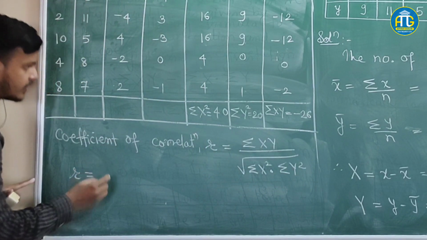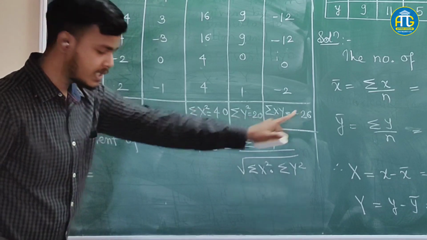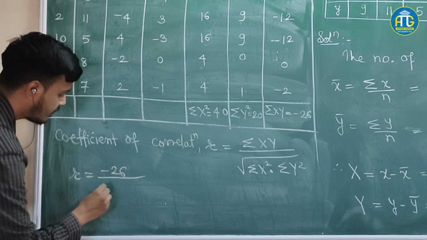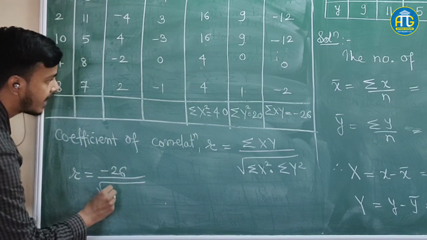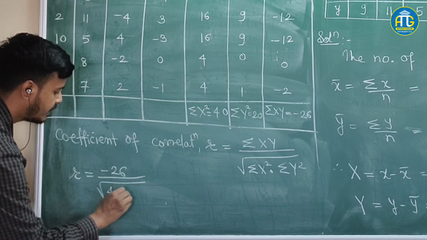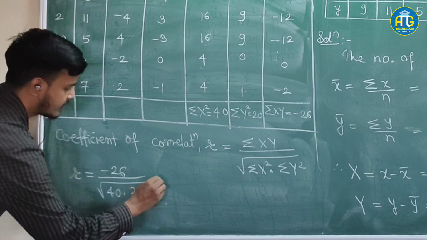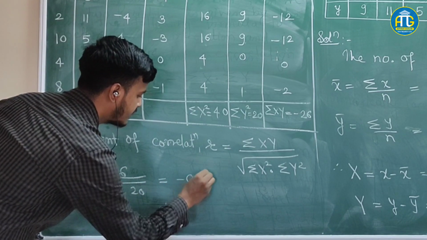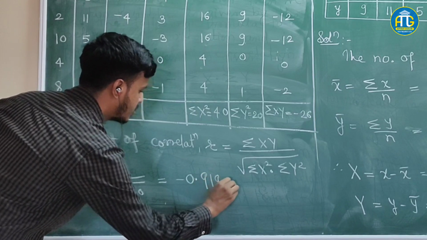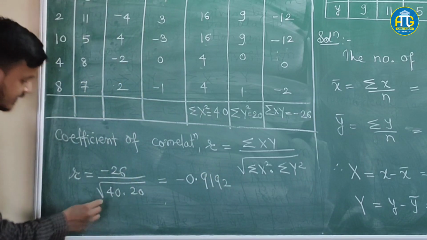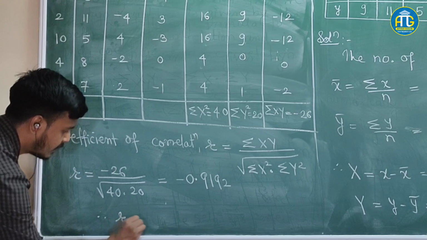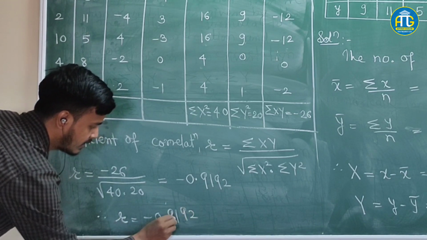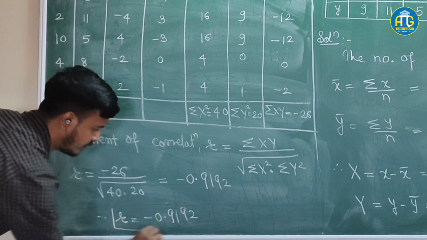R is equal to minus 26 upon the square root of 40 into 20. This value comes out to be minus 0.9192. Therefore, R is equal to minus 0.9192, and that is what we wanted to find.